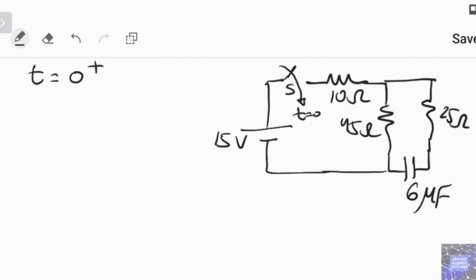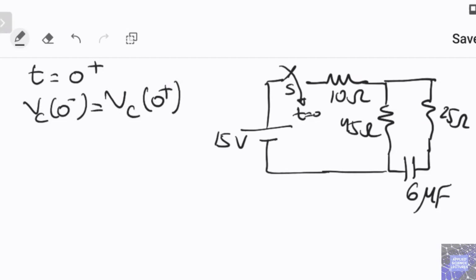So in this case, I will be relying on the continuous behavior of the voltage across the capacitor, which means that the voltage at 0 minus should equal the voltage across the capacitor at 0 plus.